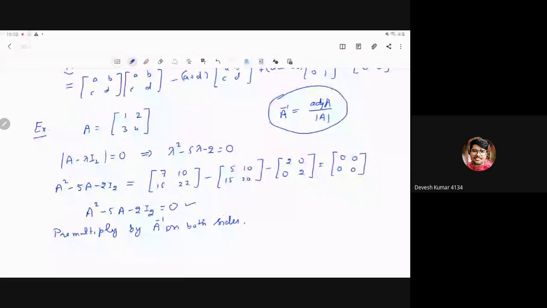A square pre-multiplied by A inverse means you are left with A only. 5 times A inverse times A means 5 I2, because if A is multiplied with its inverse, you should get the identity matrix. Minus 2 times A inverse I2 means A inverse only. Is it correct?